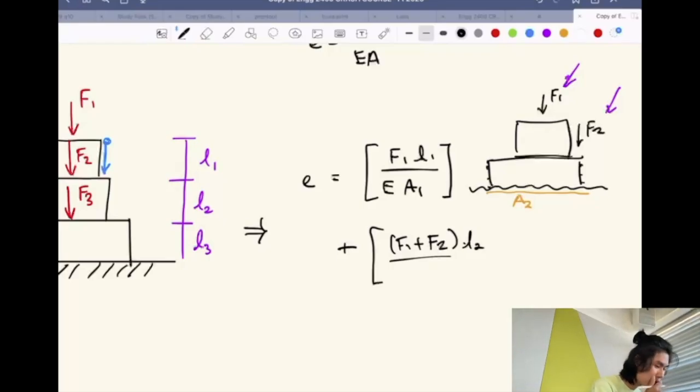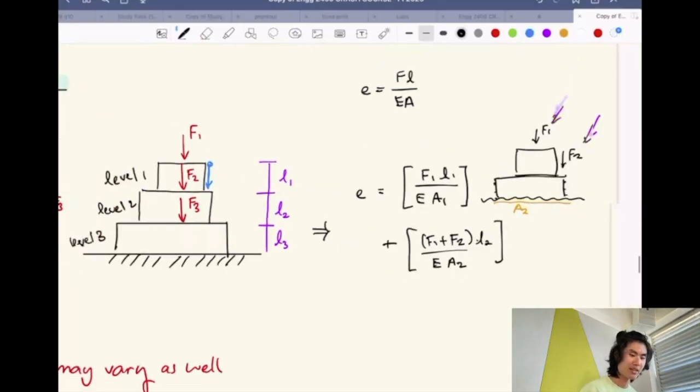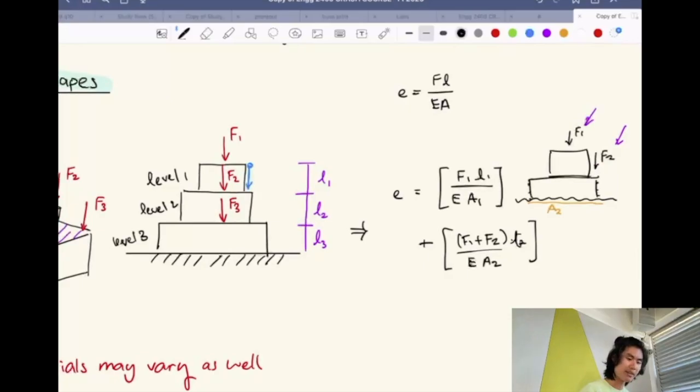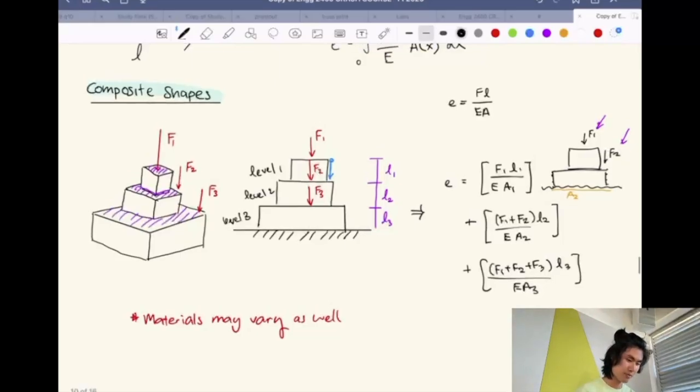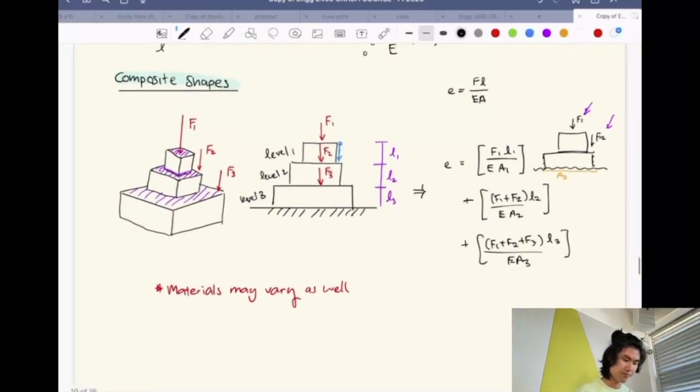Oh yeah, it will just change by that amount. So it's pretty much only the force that changes according to composite shapes, and for level 3, it's just going to be the same thing.